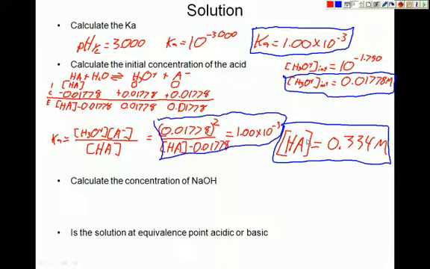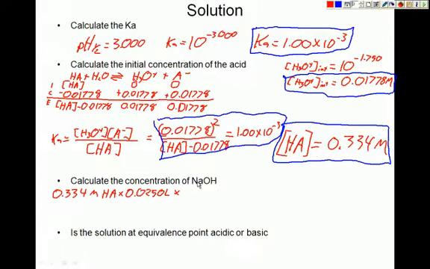Now that we have the initial concentration of the acid, we can do that. We have 0.334 molar of our unknown monoprotic acid, HA, and I'm going to change this into moles of our acid by multiplying by our liters, which is 0.0250 liters.